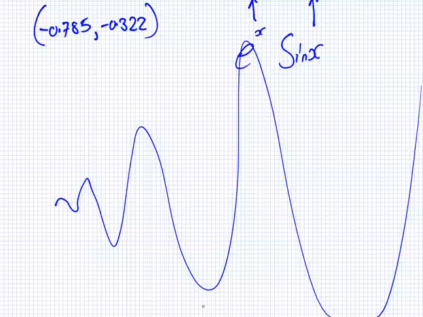Can you give this to me as a decimal? Minus 0.785, and then the y value?